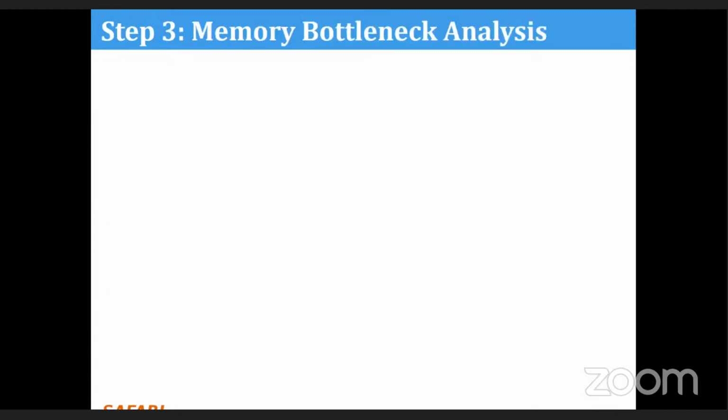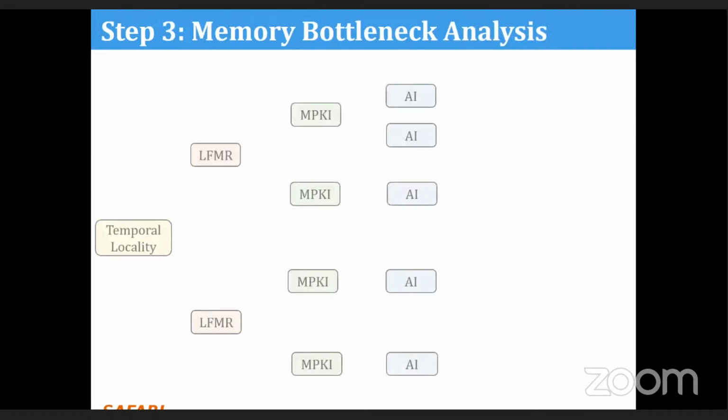And in the third step, we do the memory bottleneck analysis. In the memory bottleneck analysis, we extract these 3 important metrics, and we combine them with the temporal locality that we obtained in the previous step. One thing that we notice here is that temporal locality is more relevant than spatial locality, at least in the configurations that we tested.